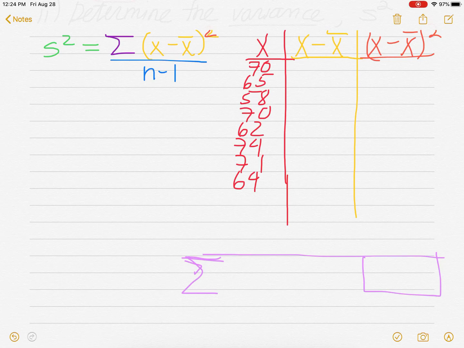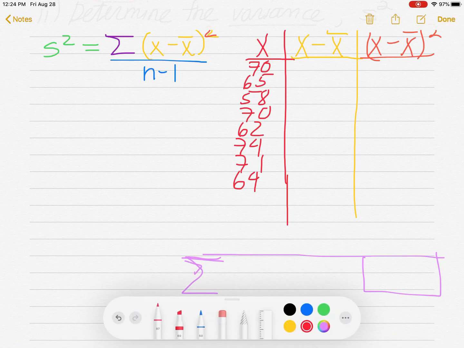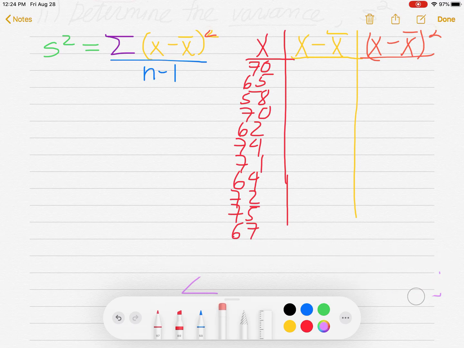And we got 72, and then 75, and then 67. I don't have enough space here. And we got 70, and we got 68. Okay, 1, 2, 3, 4, 5, 6, 7, 8, 9, 10, 11, 12.